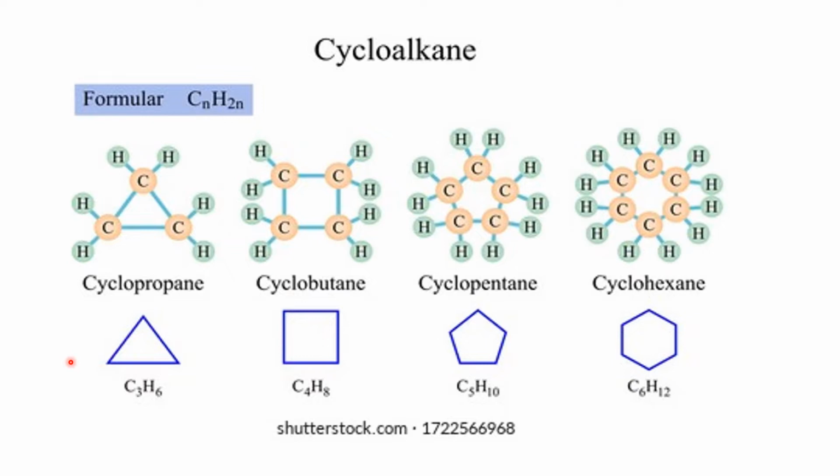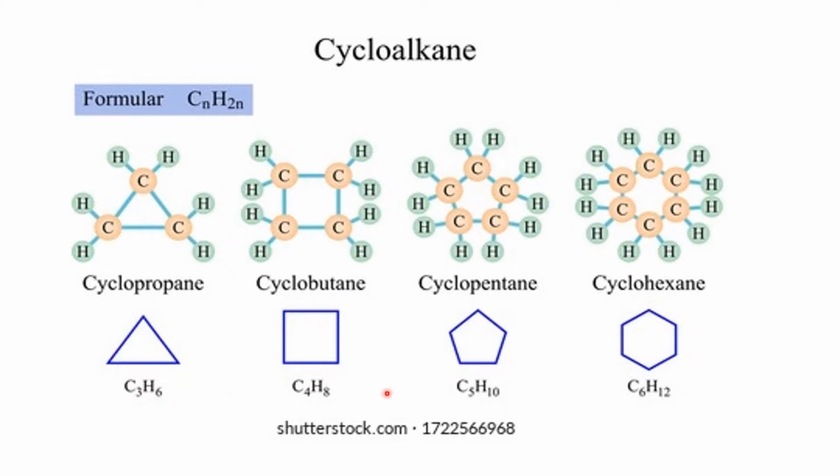That means the hybridization of each carbon atom of any cycloalkane is sp3, because for sp3 hybridization we expect the bond angle to be 109 degree 28 minutes, and the shape or geometry should be tetrahedral.